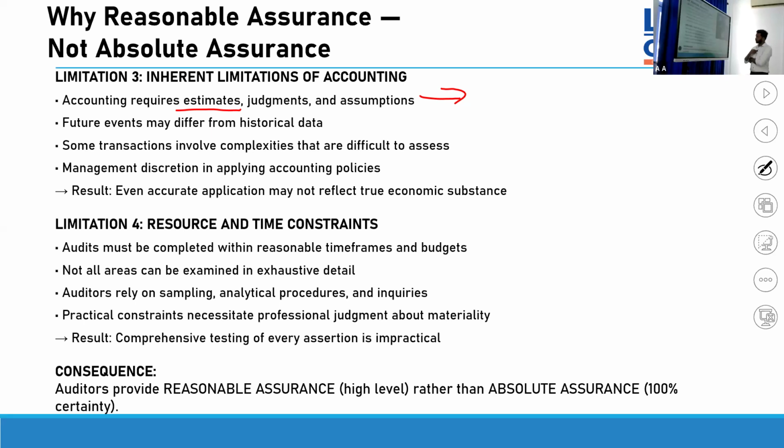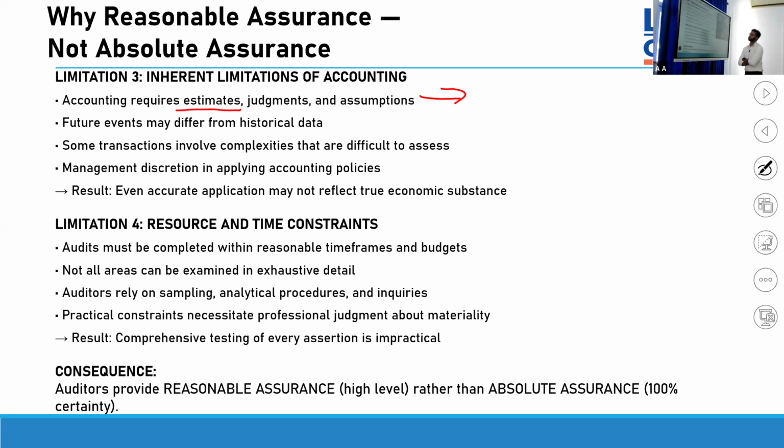Okay. For any event plans, we use estimates. When preparing our financial statements also we use estimates.